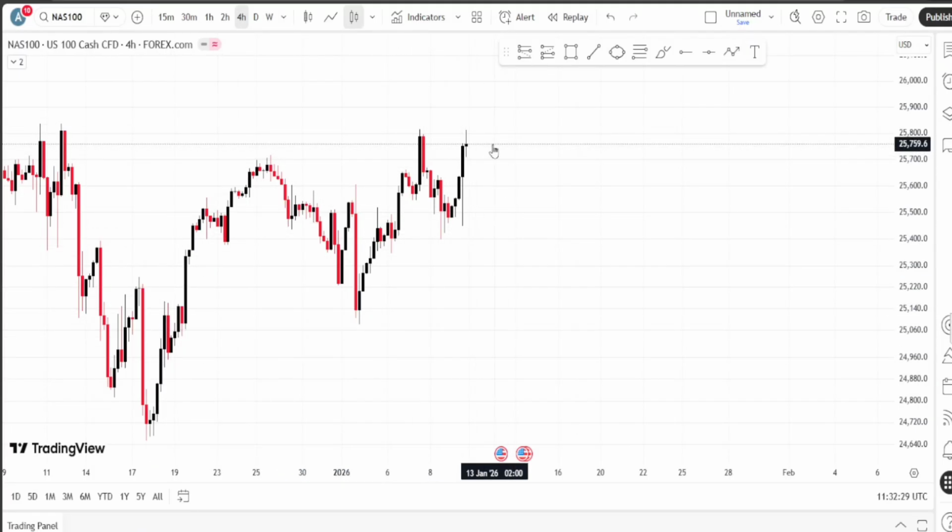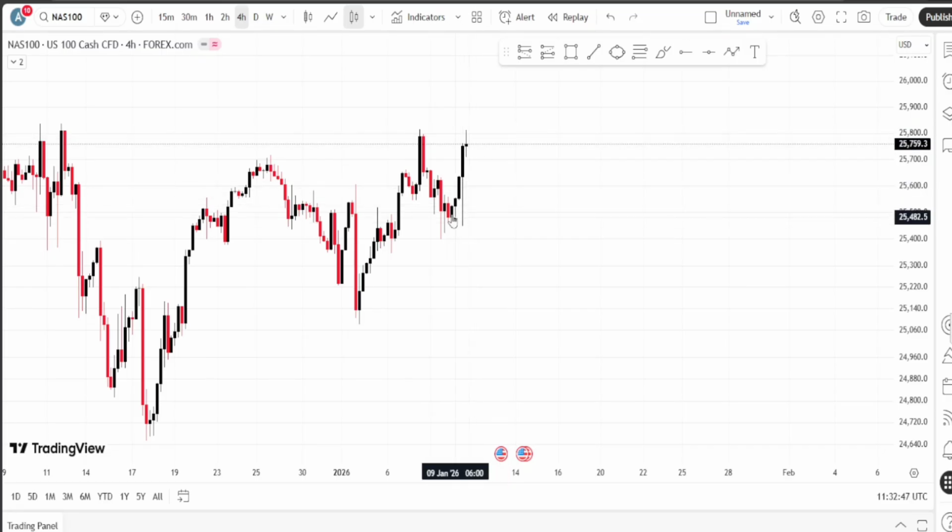So basically, based on this 4-hour chart, what I'm expecting, because we have some supply zone here, I expect price to actually have some kind of liquidity generated. Then we have a pullback.